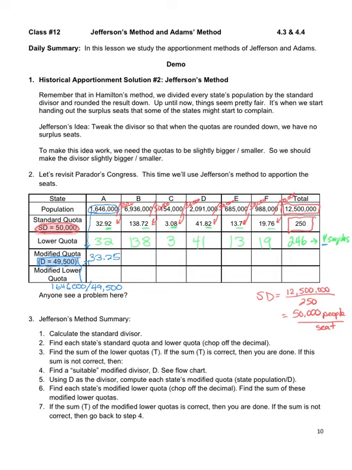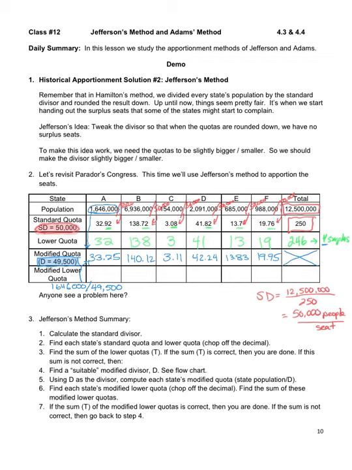All right, so if we do that for the rest of the states, state B's modified quota becomes 140.12. C is 3.11. D is 42.24. E is 13.83. And F is 19.95. And we don't need to add these up at this point.